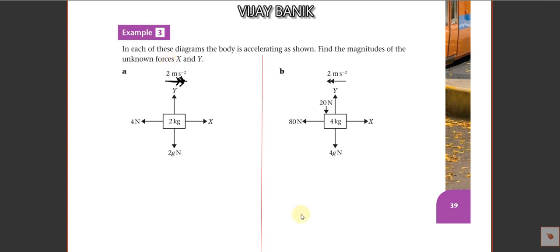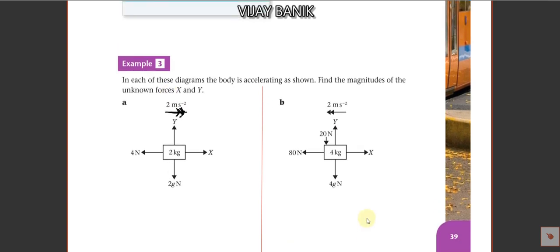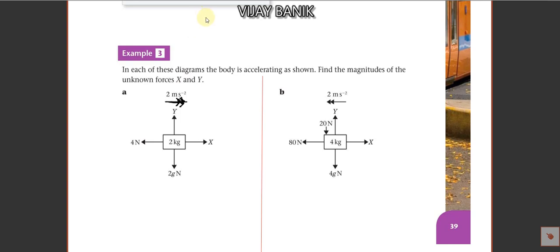Let me teach you something first before I do this sum. The first thing: this object is not in equilibrium because it is accelerating. Remember, when the forces are balanced, the object is either at rest or traveling at constant velocity.